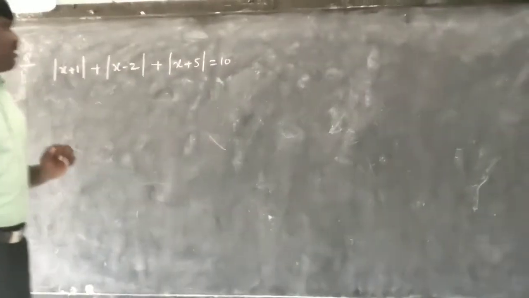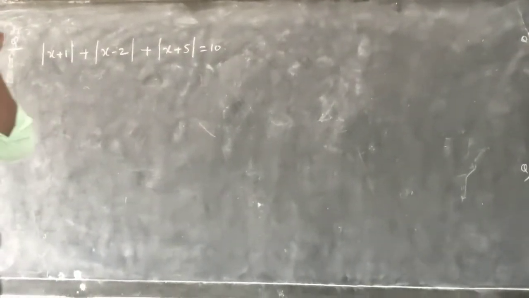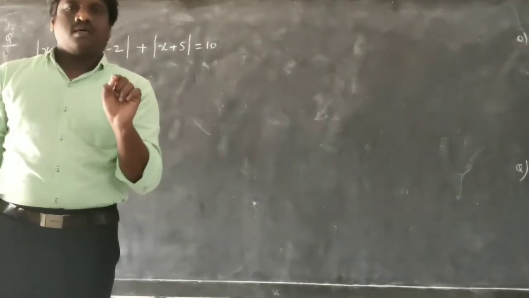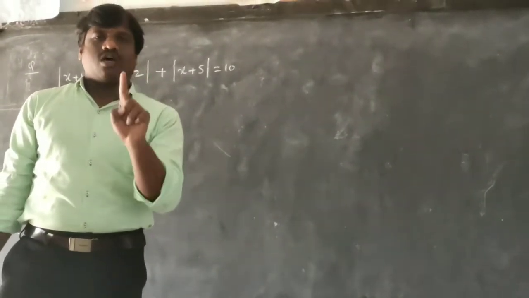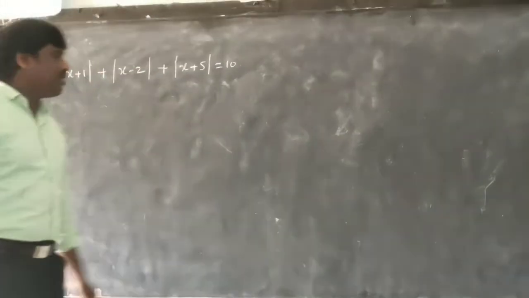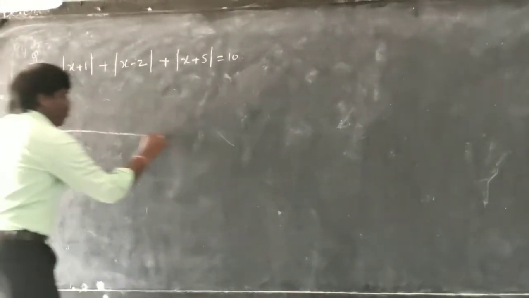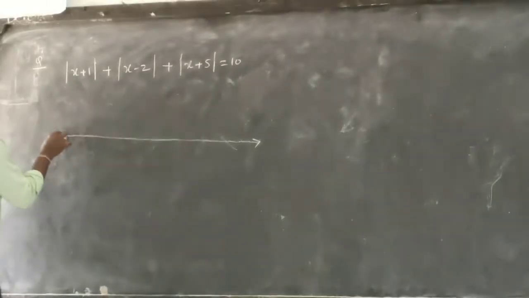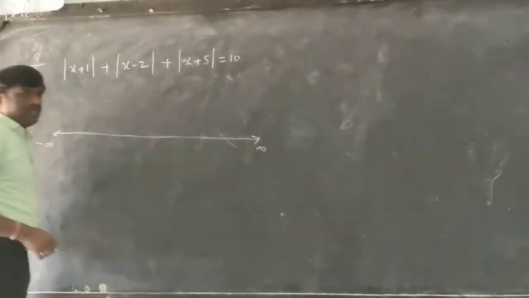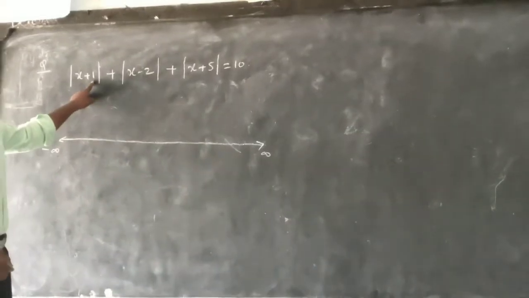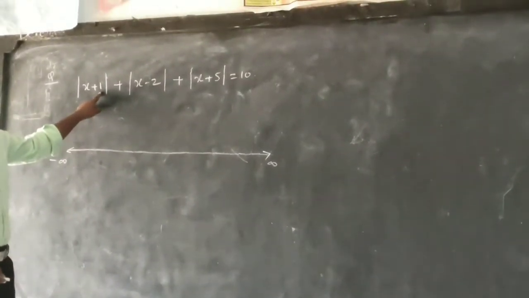What do we do here? First point, mark the zeros on the number line. Draw a number line from minus infinity to plus infinity. What is the zero of each?